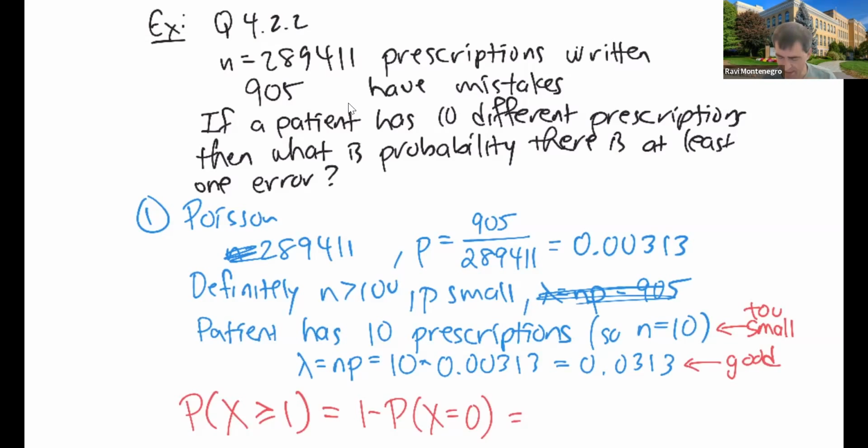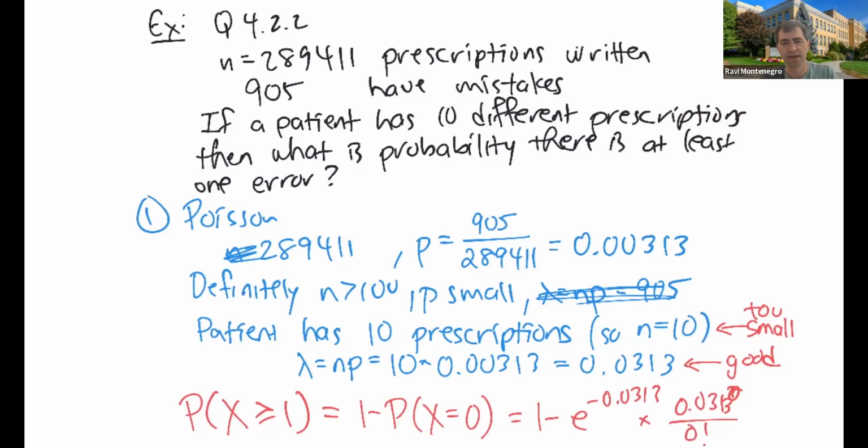Okay, so lambda, x equals 0. We have 1 minus e to the minus lambda, and then lambda to the 0 over 0 factorial.